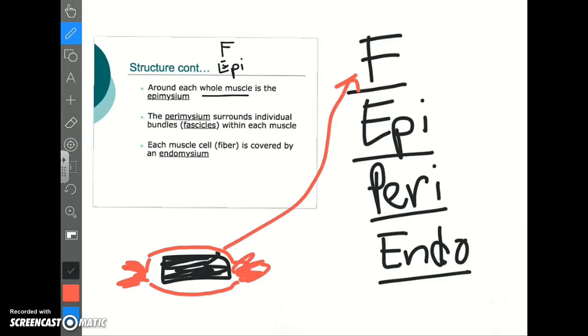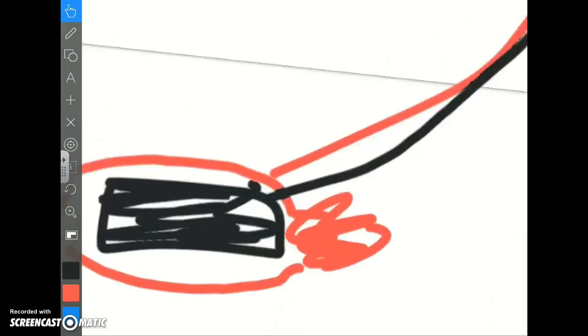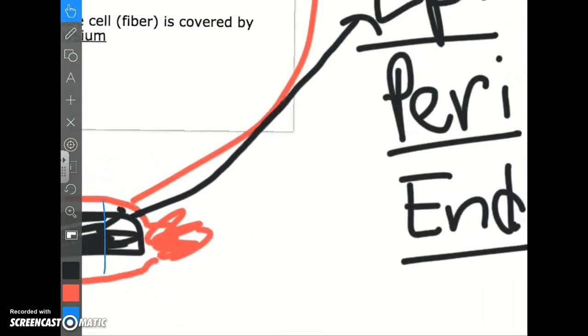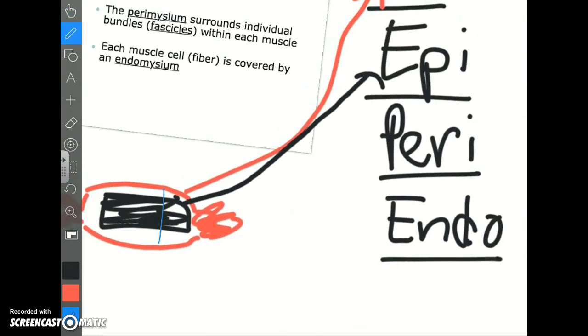Now, still the whole muscle, the outermost region of that muscle is the epimysium. If I was to cut this guy in half, I would start to see the layers, and inside there are going to be two other layers. The next layer down would be the peri, and then the final layer would be the endo.